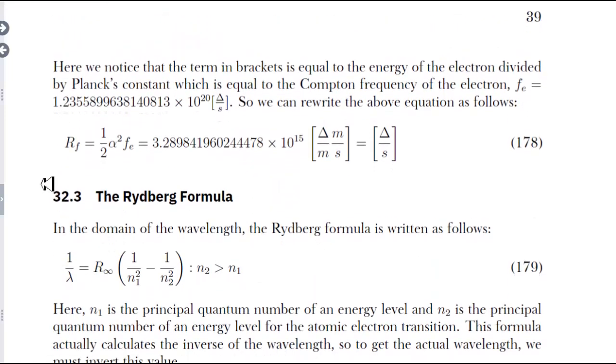Now the Rydberg frequency is equal to 1/2 alpha squared times the Compton frequency of the electron. So now we have the constant in terms of the Compton frequency of the electron, which I find really interesting.